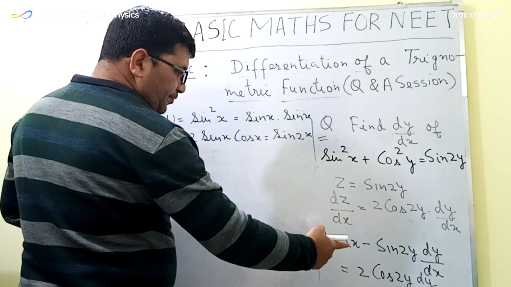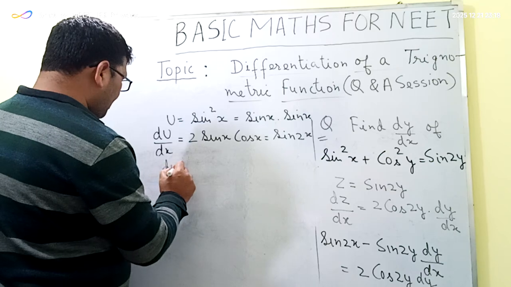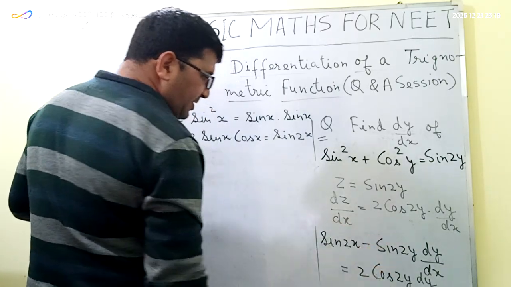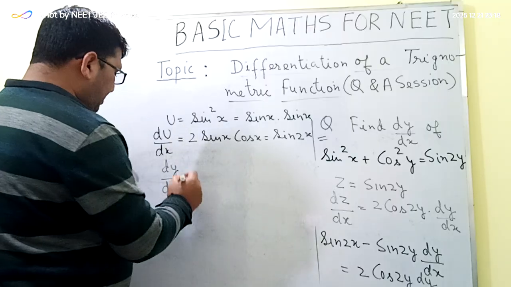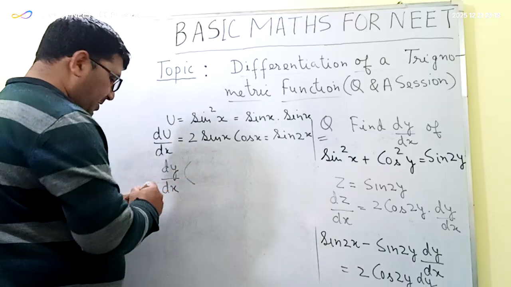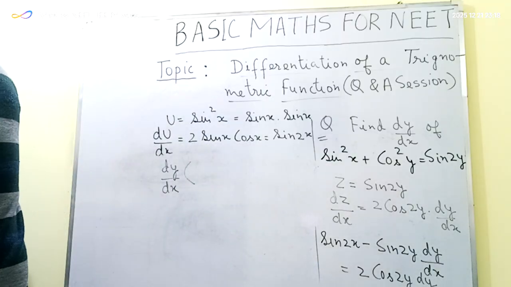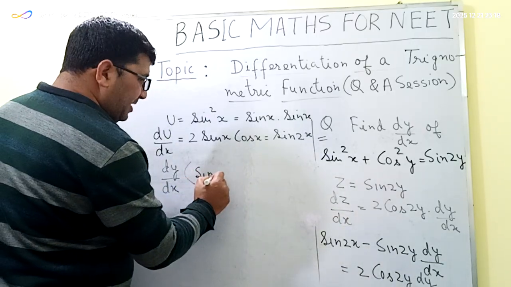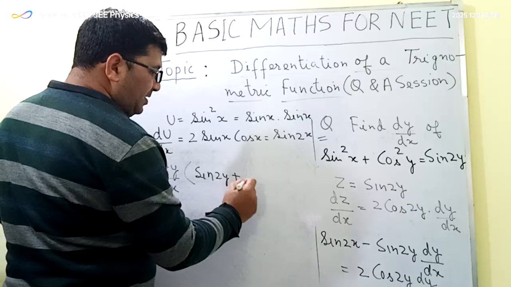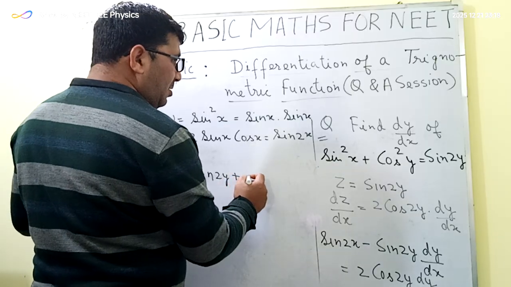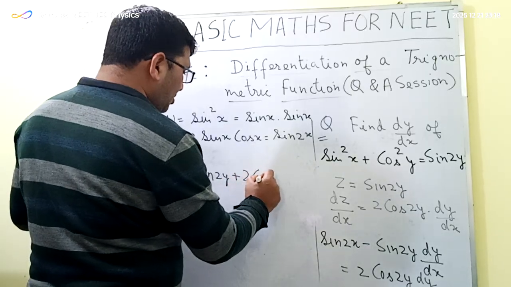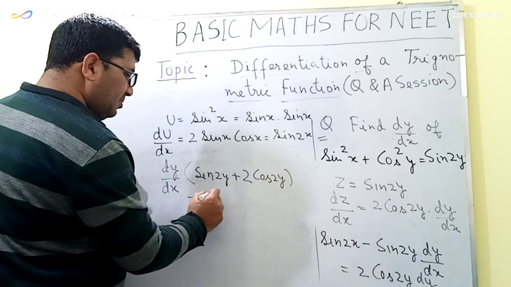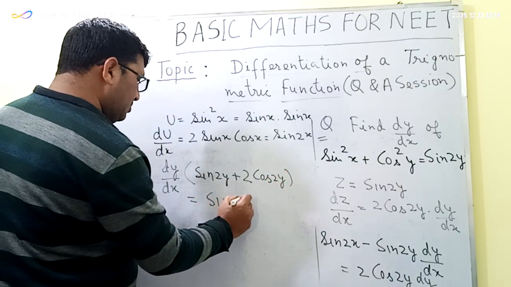So from here I can write dy by dx. This term can be taken on the right side. So dy by dx, and I will be getting in bracket sine 2y plus 2 cos 2y, and this will be equal to sine 2x.